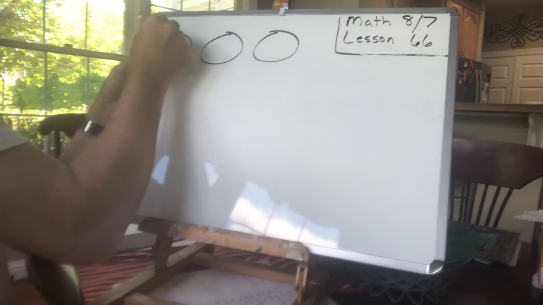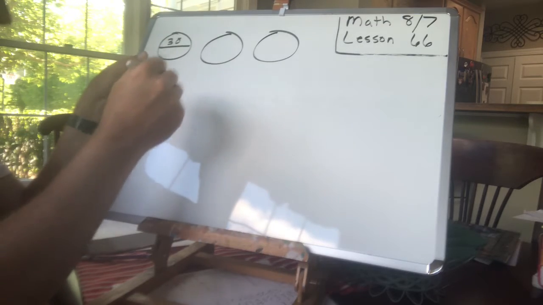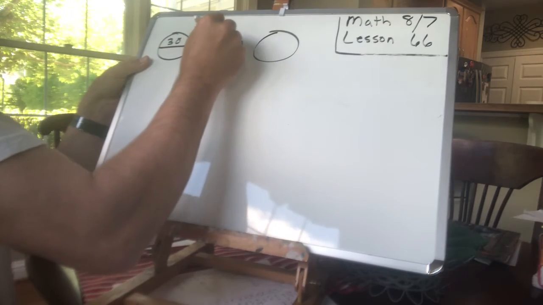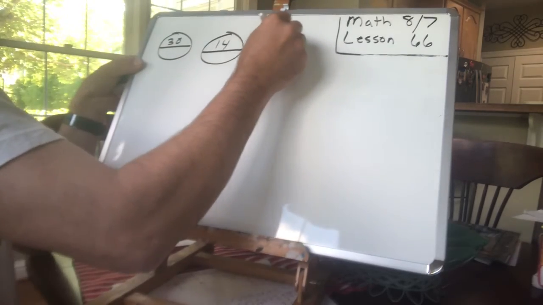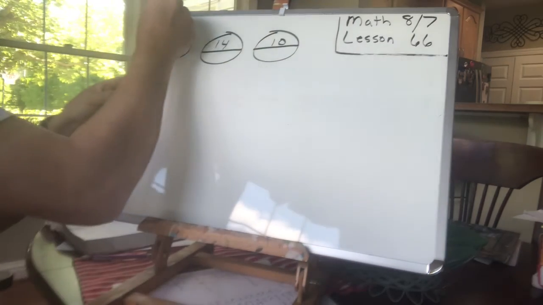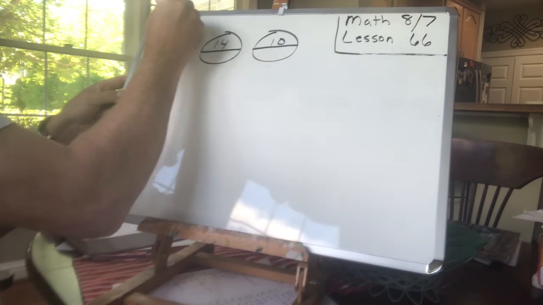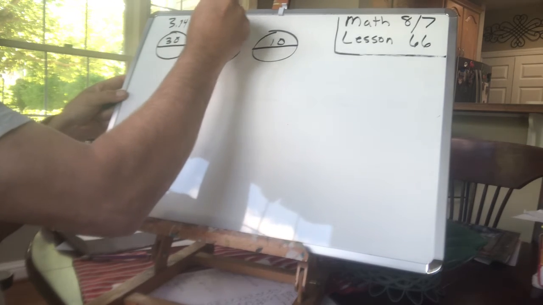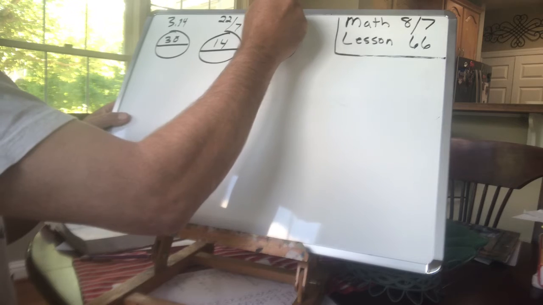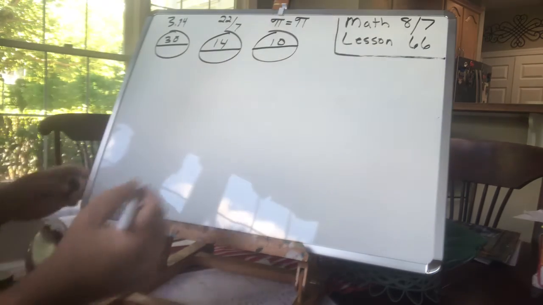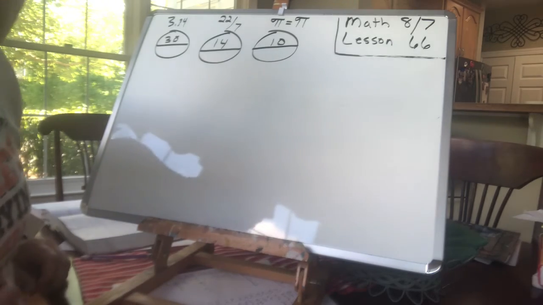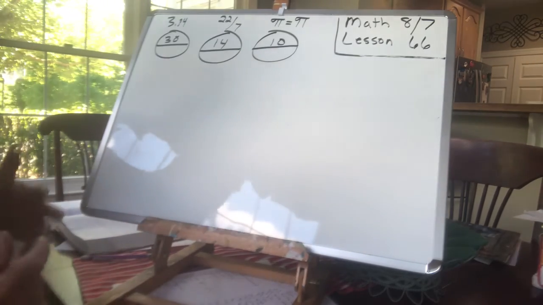And they say this diameter is 30, this diameter is 14, and this diameter is 10. This one they say use 3.14, this one they say use 22 over 7, and this one they say leave pi as pi. Okay? That means you just use the symbol. You don't have to do any arithmetic. You don't have to do any multiplication.